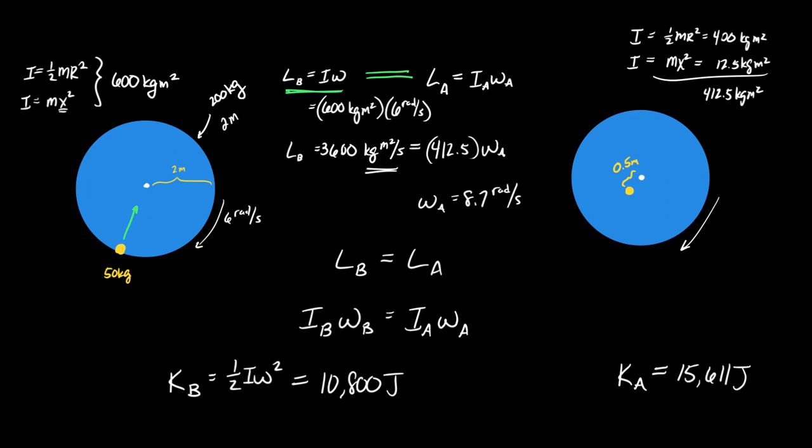Positive work. I'm going to ask you on your next quiz, did the energy of the system increase or decrease? The way to find the answer out is to calculate the energy before and the energy after. If the number is bigger after, the energy increased. But I'm not going to ask the question that way. I'm going to say to you, how much work was done on the system?